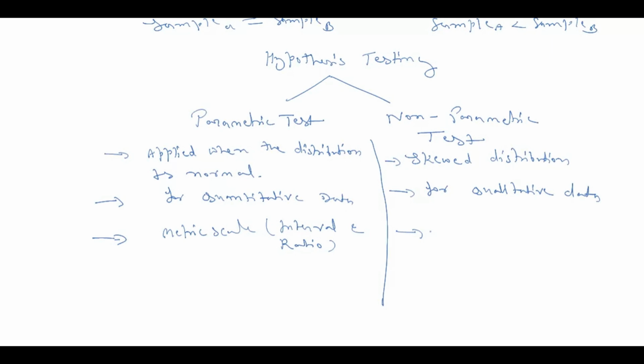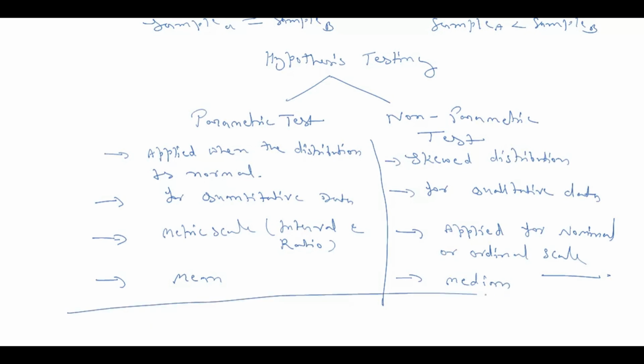And non-parametric test can be applied for nominal or ordinal scale. In parametric test, we normally compare the mean, while in non-parametric test we compare the median. So these are some of the important differences between parametric test and non-parametric test.